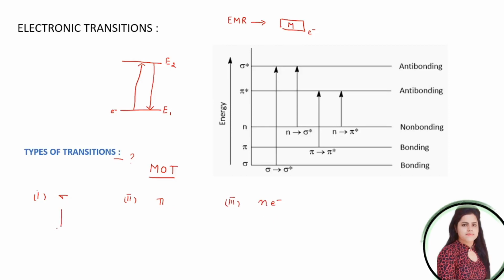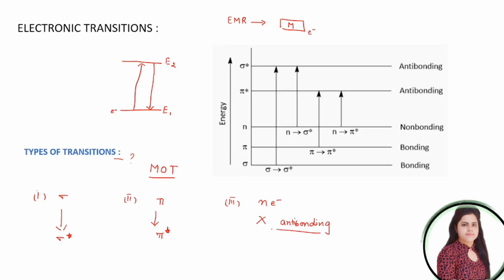Sigma electrons have a sigma anti-bonding version. Pi also has a pi anti-bonding version, pi star, but non-bonding electrons or molecular orbitals don't have any anti-bonding version like n star.